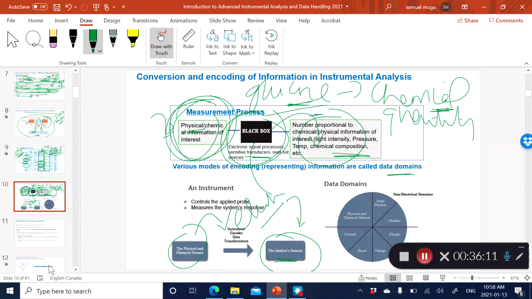So the instrument, in summary, has these components whose purpose is to convert information from one data domain to another. There are two types of domains: a non-electrical domain and the electrical domain. So the instrument is converting the information between those types of domains, okay?